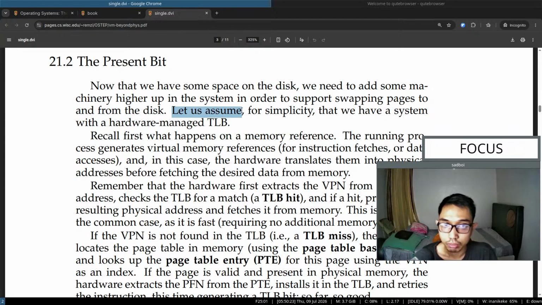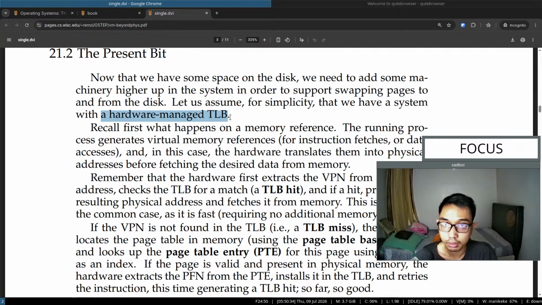Let us assume for simplicity that we have a system with a hardware managed TLB, translation lookaside buffer.